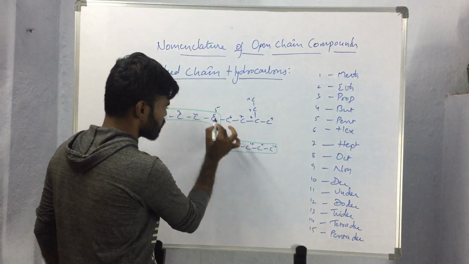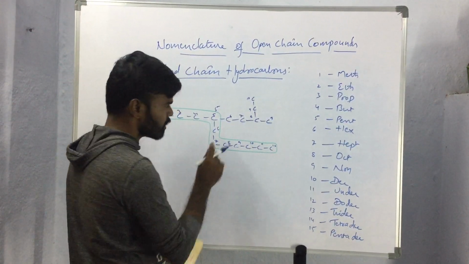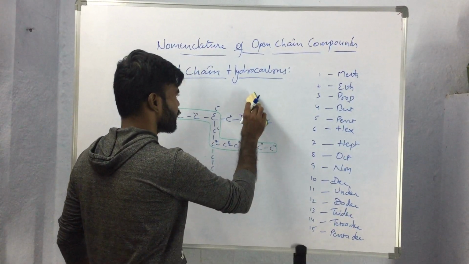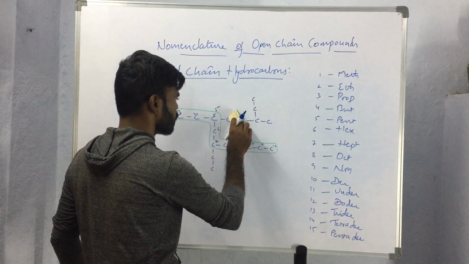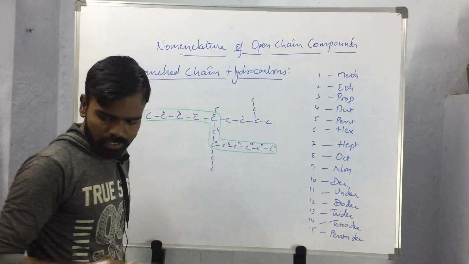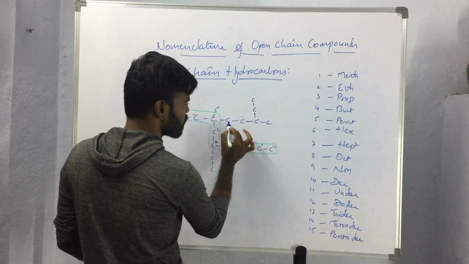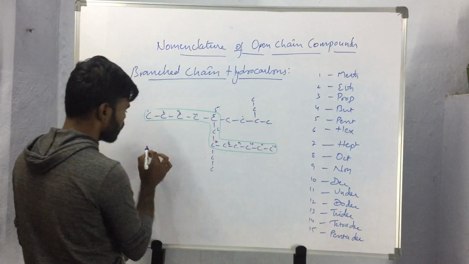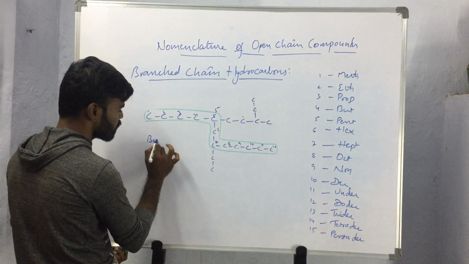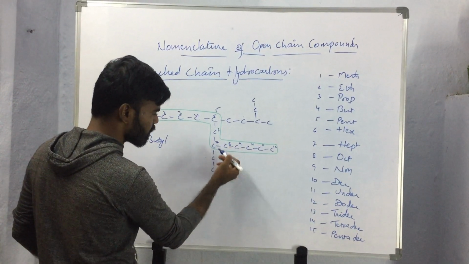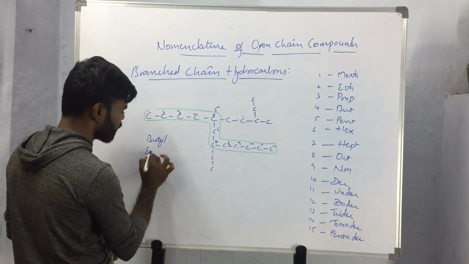So the longest possible continuous chain will be the chain that contains 12 carbon atoms, and the side chains or branches: on the 5th carbon atom, 1, 2, 3, 4, a butyl branch is present, and on the 7th carbon atom an ethyl branch is present.